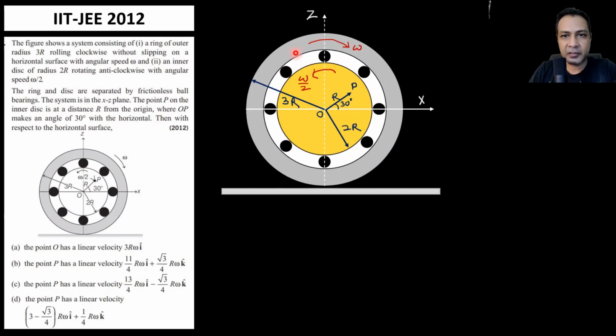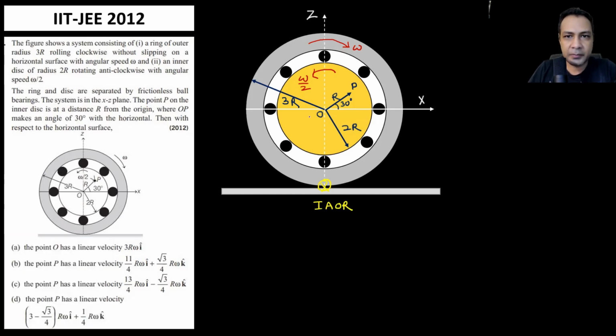As it is stated, this outer ring is rotating clockwise with angular velocity omega, and there is no slipping between this outer ring and the horizontal surface. So this point has zero velocity. If this point has zero velocity, it means an axis passing through this point and perpendicular to the plane of motion can be regarded as an instantaneous axis of rotation, IAOR.